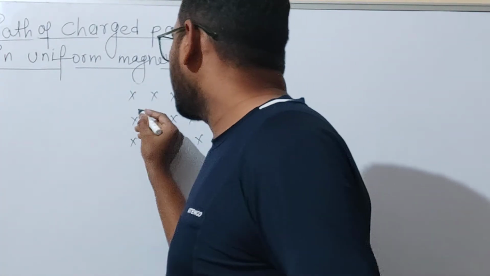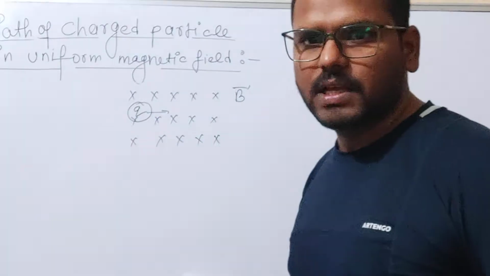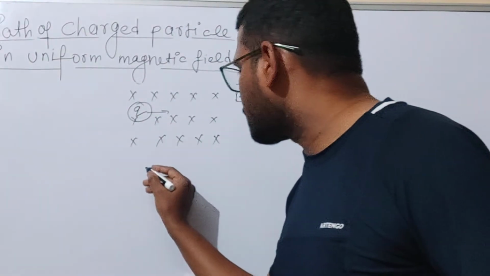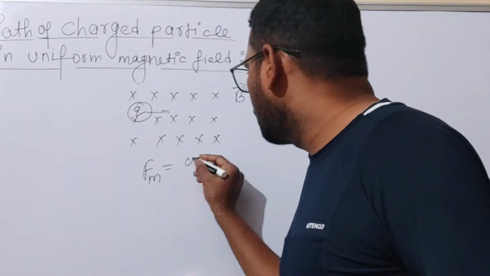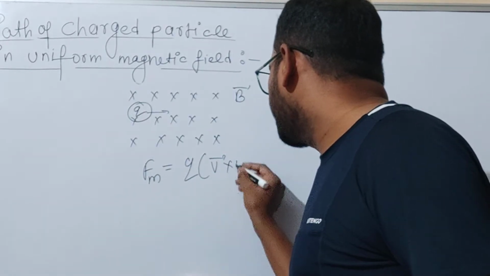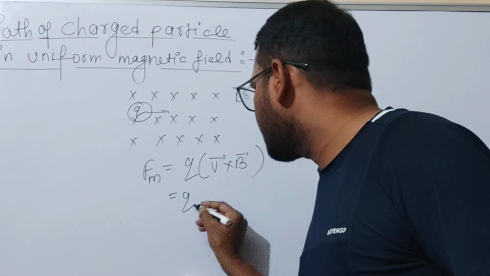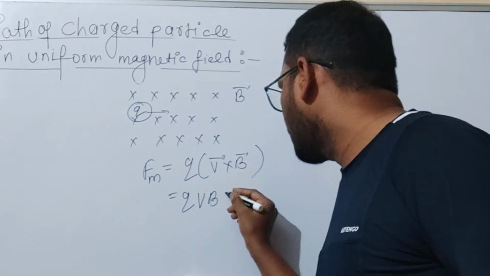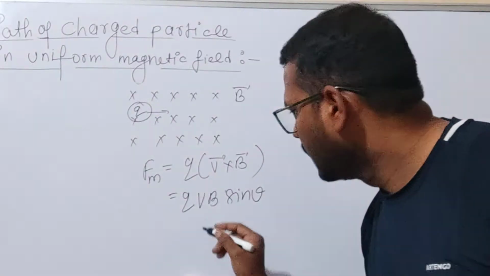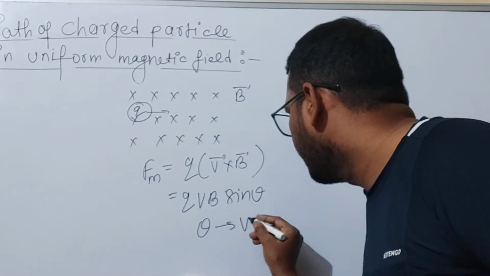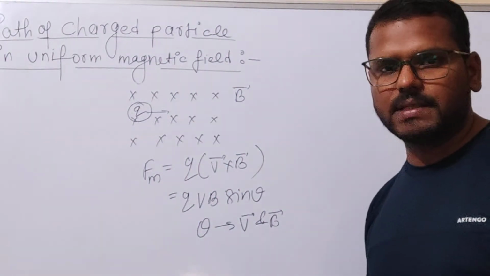Now if I take a charge q which is in the magnetic field and moving with velocity v, then the force acting on the particle will be q into v cross B. If I split this, we get F = qvB sin theta, where theta is the angle between the velocity of the particle and the magnetic field.